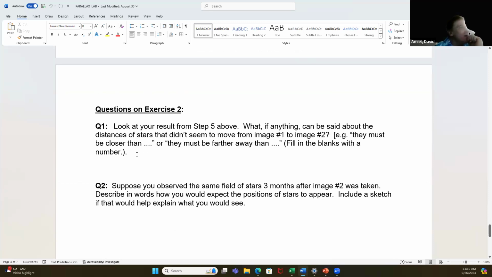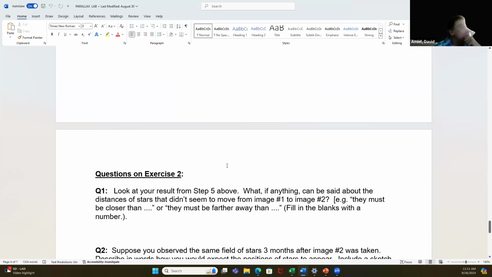You should start your sentence off here, they must be closer than, and give the value. I'm looking for a number here of light years. They must be closer than X number of light years, or you could also write, they must be further away than X number of light years.